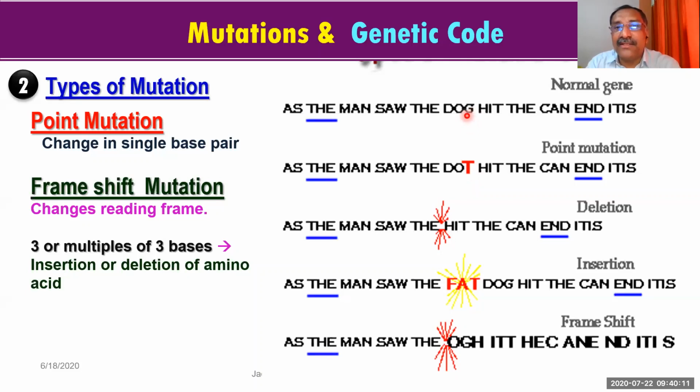So the dog, that is an animal, has become a dot, the symbol dot. Now you see, the man saw the dot hit the can end. So the meaning has changed. This kind of mutation we call point mutation. Is it clear, friends?